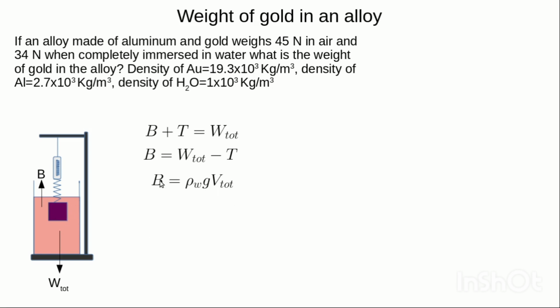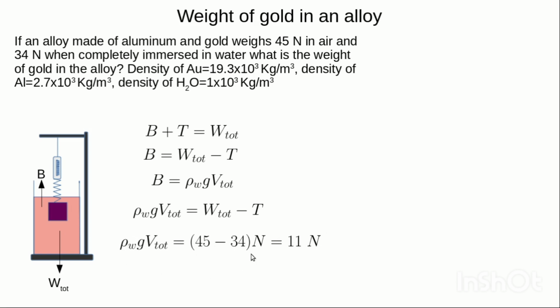Now that we know B equals this, we can replace B here by this expression, and we have rho of water, g, and V total equal to the weight in air minus the measurement done by the spring, which are given to us as 45 minus 34, equal to 11 Newton. So we have this expression equal to this.